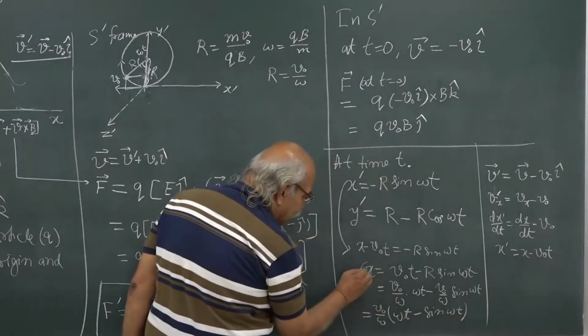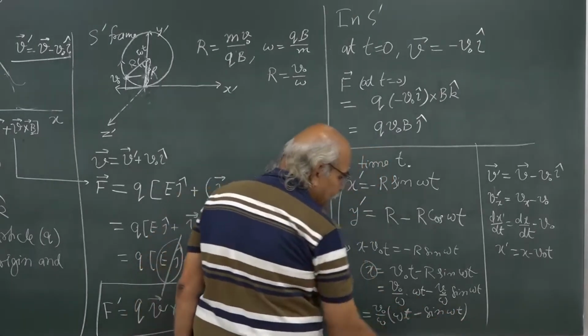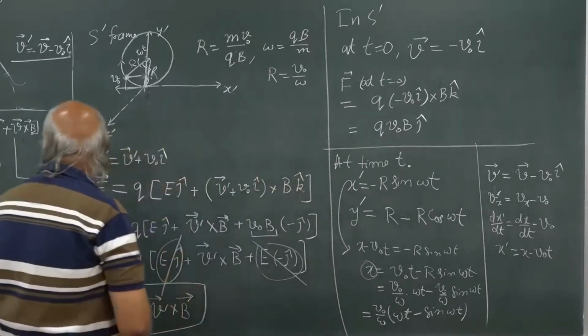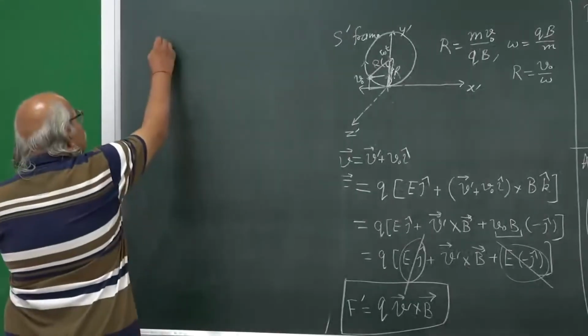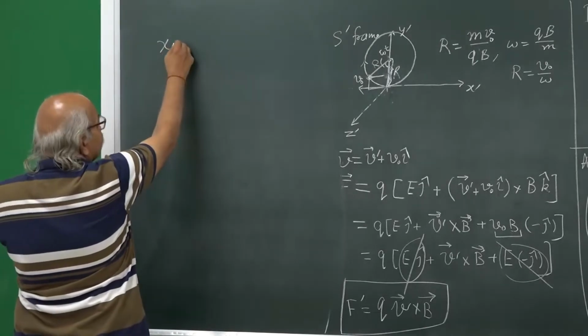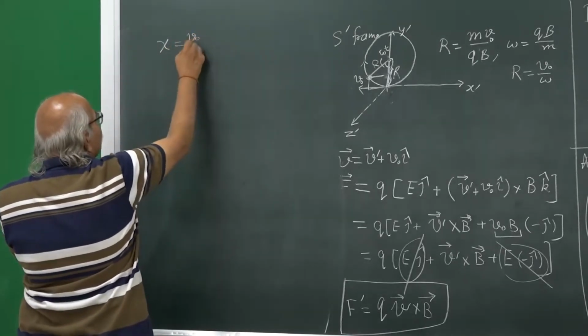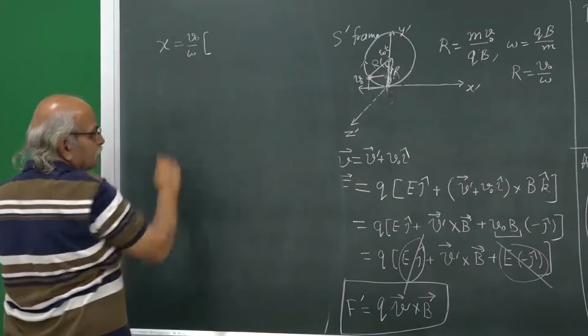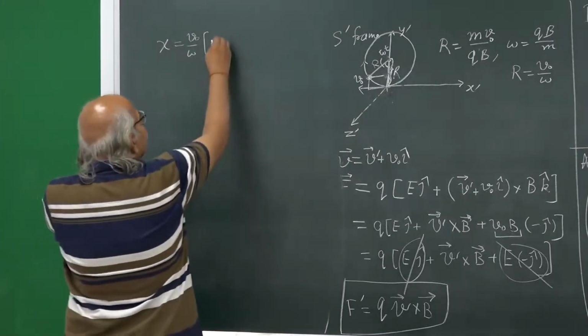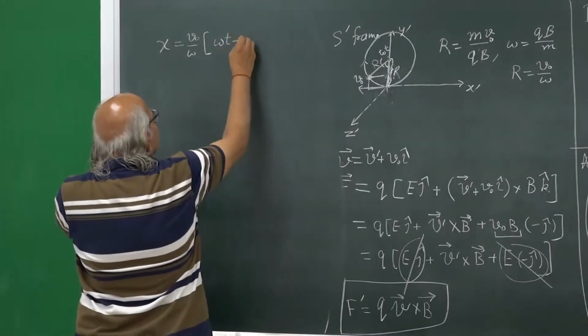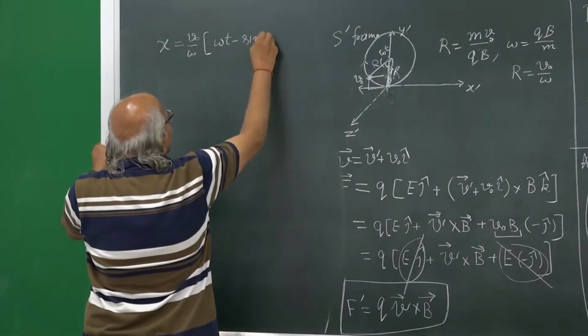We have got an x coordinate as a function of time. So the x coordinate is V naught by omega, in brackets, omega t minus sine omega t.